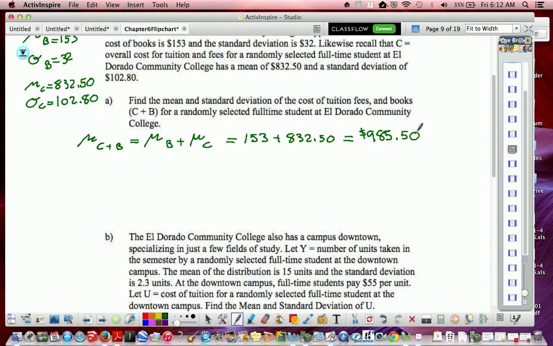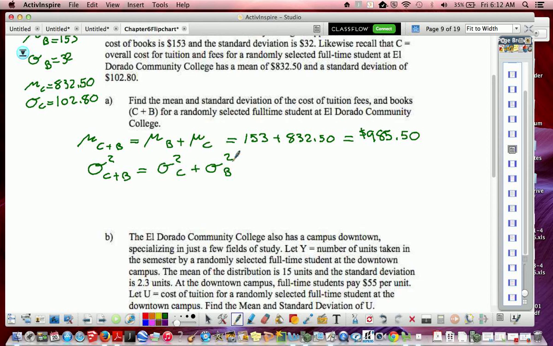So for our standard deviation, we would actually try to calculate the variance. But again, here I'll put them in the correct order, C, B, but again, addition actually would matter. We have to check for independence.